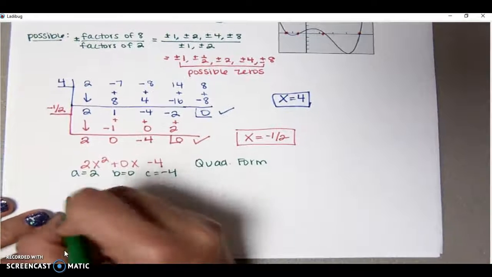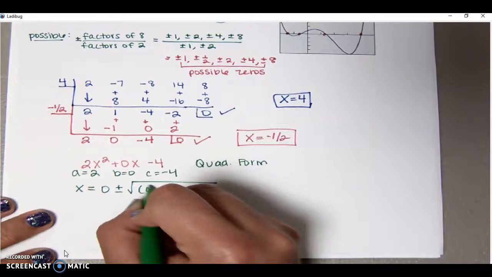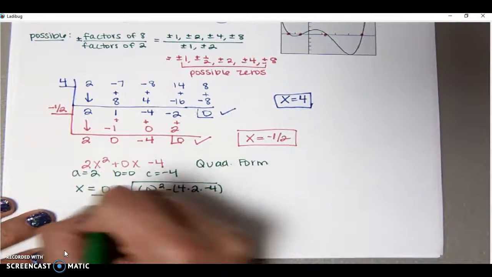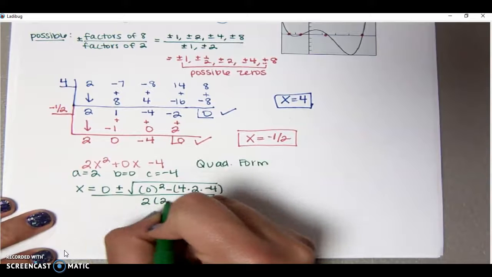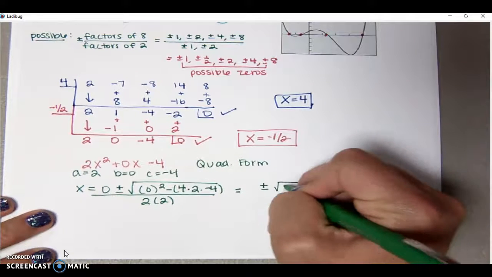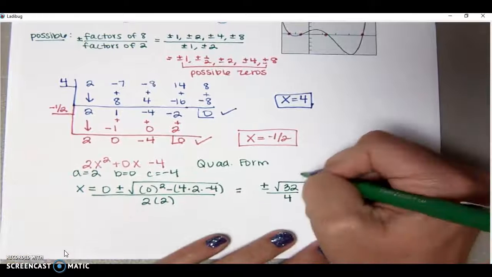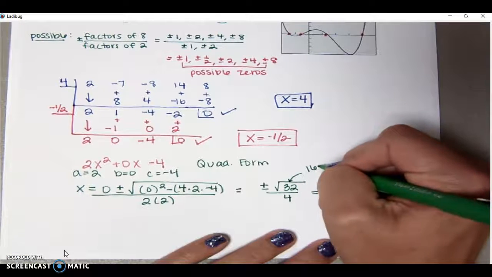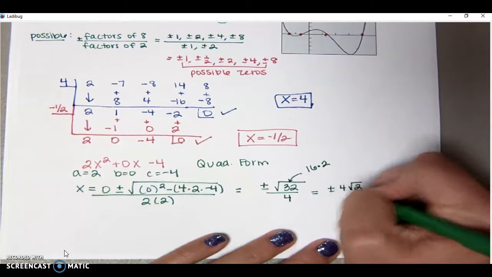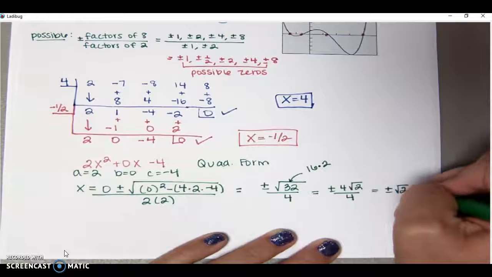So remember, for quadratic, it's opposite of b, which would just be 0, plus or minus the square root of b squared minus 4 times a times c, all over 2 times a. So we'll have plus or minus the square root of 32 over 4. 32 is the same thing as 16 times 2. So the square root of 16 is 4 with a 2 left underneath. And then you can reduce that to just plus or minus the square root of 2.